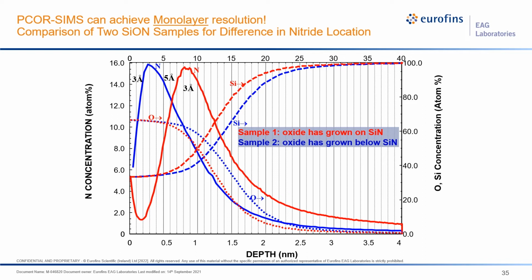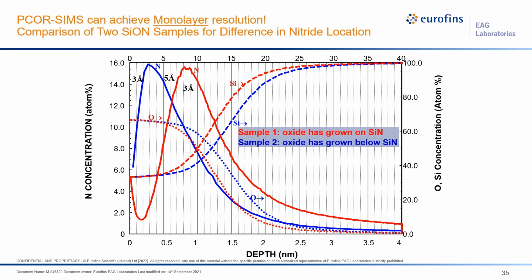In sample two, the nitrogen is toward the surface and the oxide is growing underneath it. Each one of these is a single monolayer, so the total structure is roughly 45 monolayers. So with proper SIMS conditions, you can do studies like this, even if they are only single monolayers.